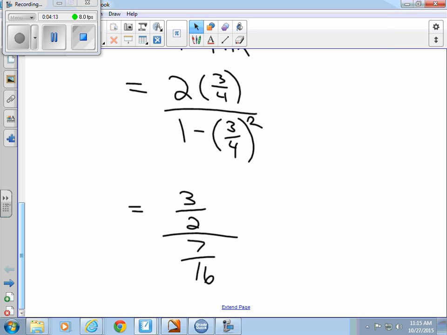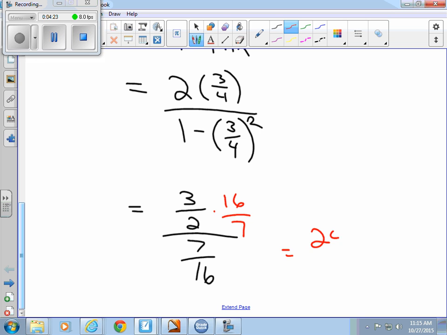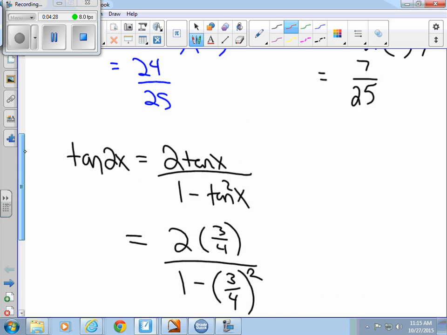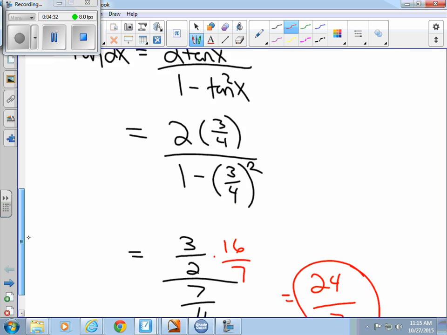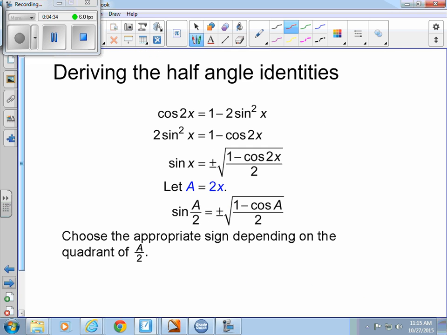Flip and multiply. 24/7. Everyone agree? Yes. Does that make sense with our 24/25 divided by 7/25? So we worked out the same either way.